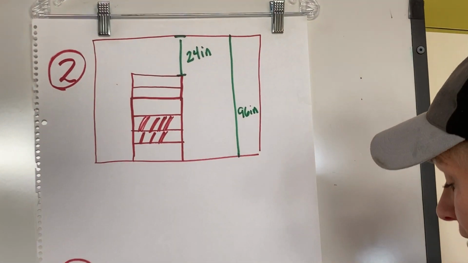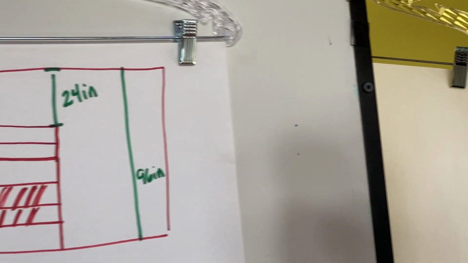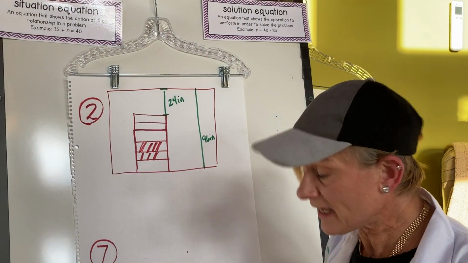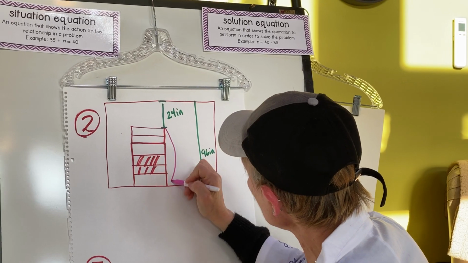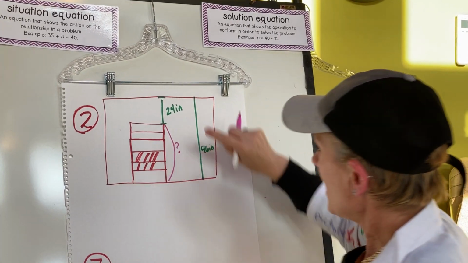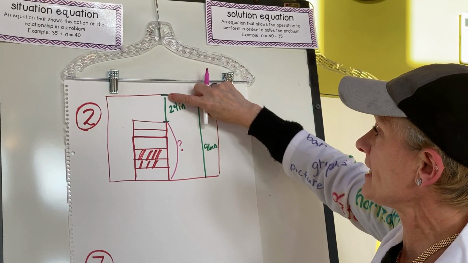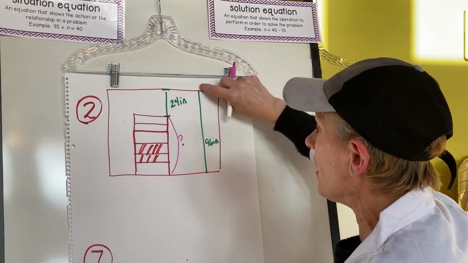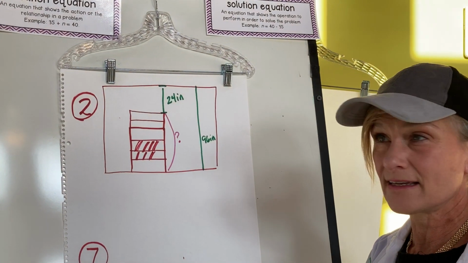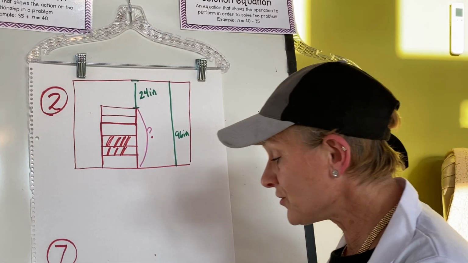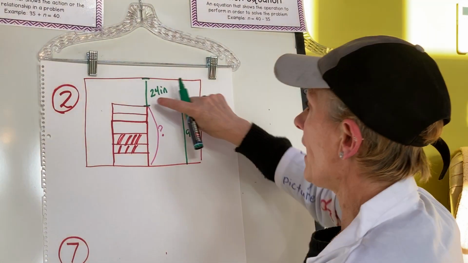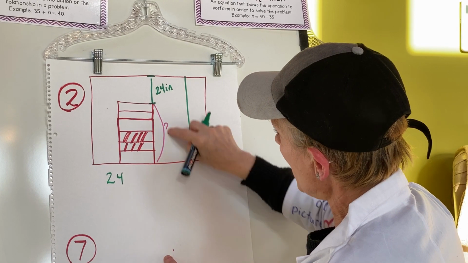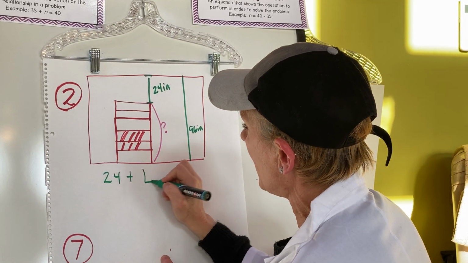I'm trying to figure out how tall the bookcase is. This is what I'm trying to figure out. I know from the top of the bookcase to the ceiling is 24. The total of it all is 96. I could be thinking, well, this 24, plus this unknown, that's the bookcase.